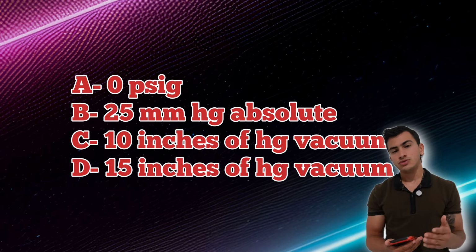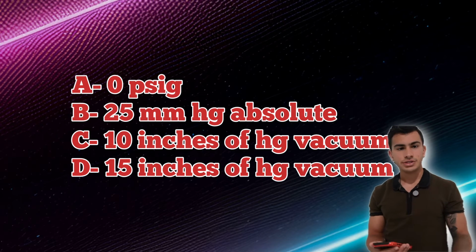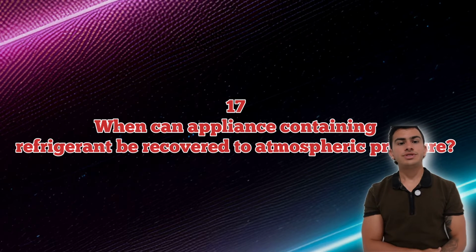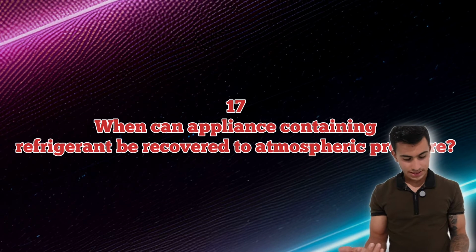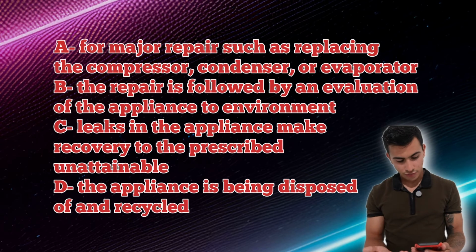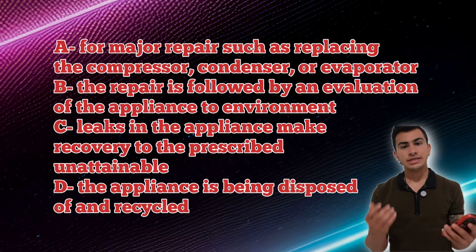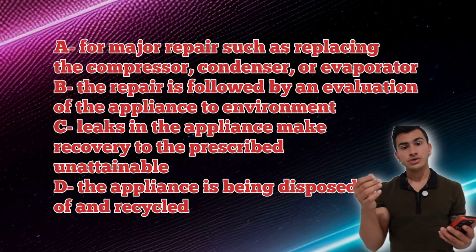But to do it fast, R10A with the 10 inches of HG vacuum. So for this question, the answer will be leak in the appliance makes recovery to prescribed level unattainable. That is the only answer, and the only one that makes sense.